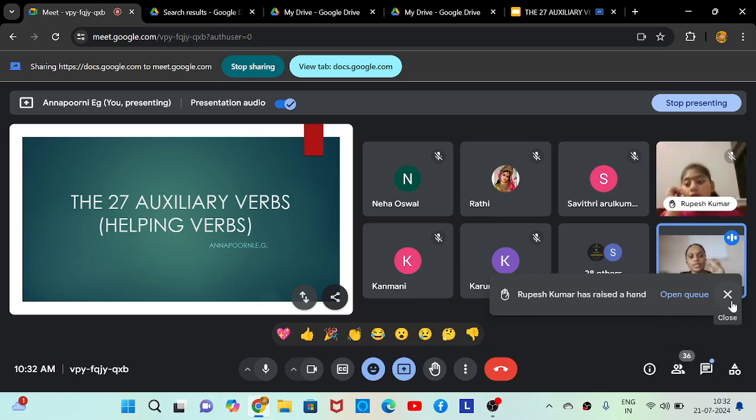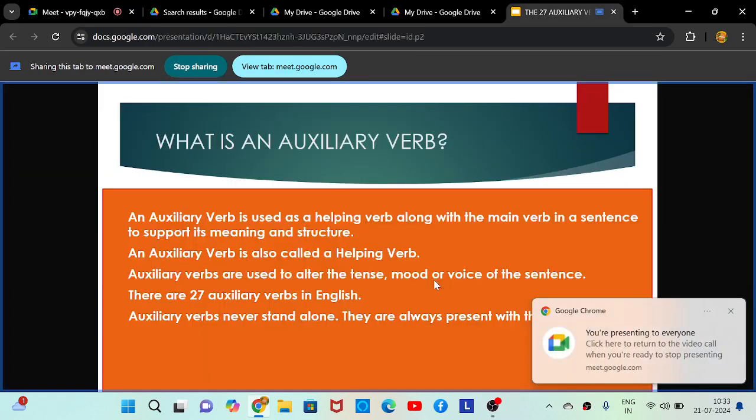So there are two to three names: main verb, action word, principal verb. All these represent the same type. Now, focusing on helping verbs, they support the main verb or the action verb. Now let's see what is an auxiliary verb.